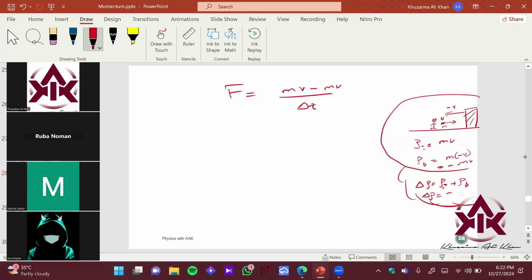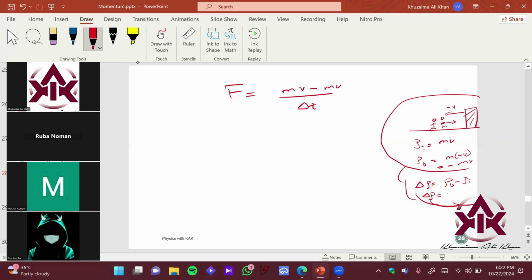Let me fix it. The change in momentum is the final momentum minus the initial momentum, right?